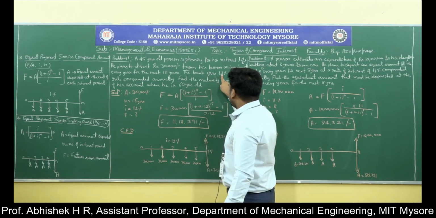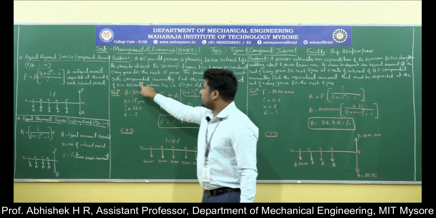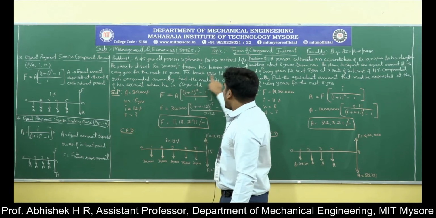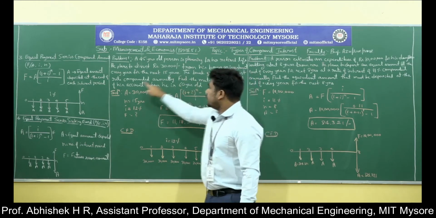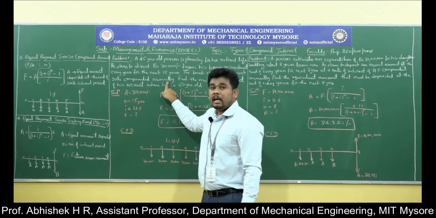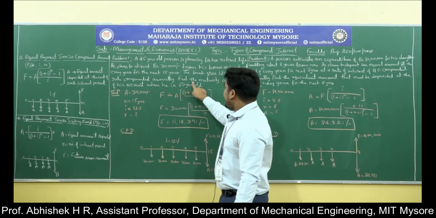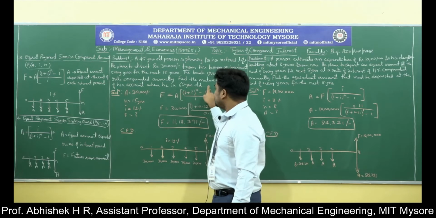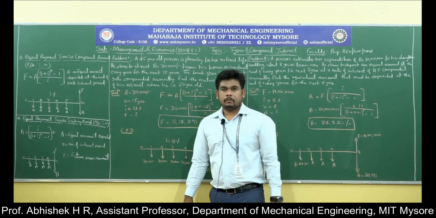The bank gives 12% interest rate compounded annually. This is important. Find the maturity amount of his account when he is 60 years old.